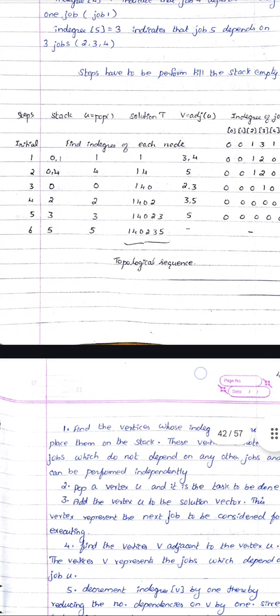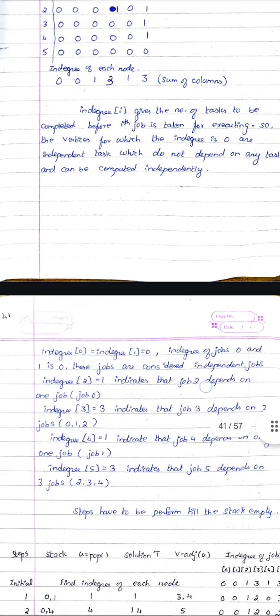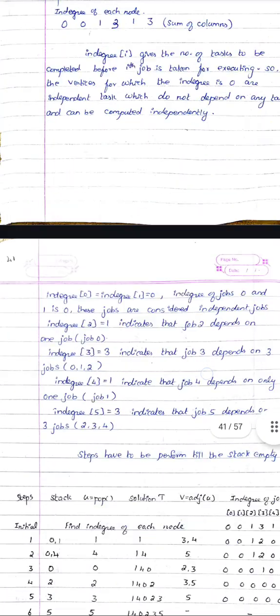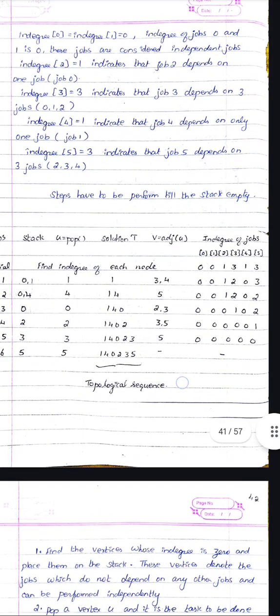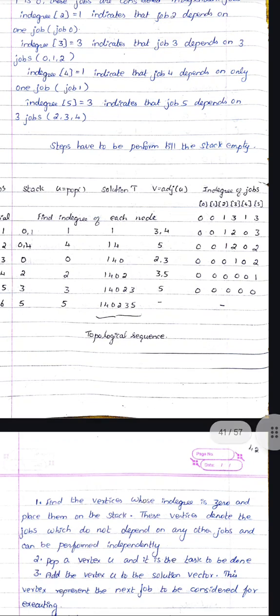Then for v, it is the adjacency of u. What are the adjacent nodes for 1? They are 3 and 4. And then if we remove 1, the in degree of 3 and 4 reduces by 1.